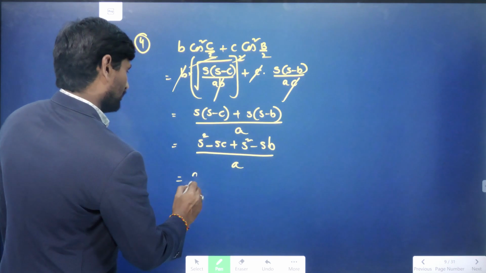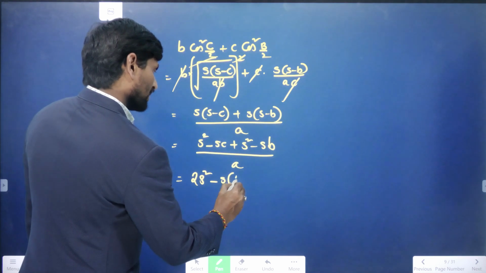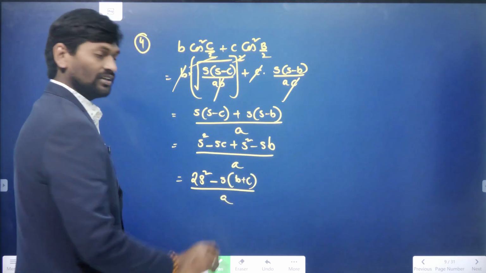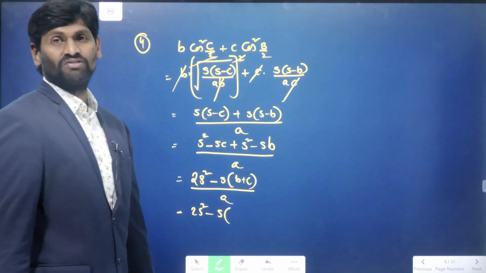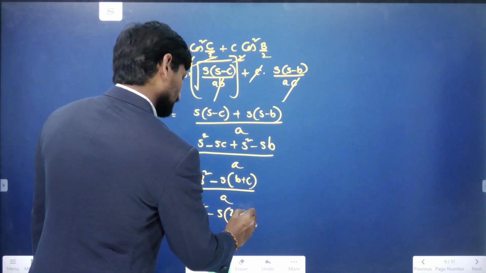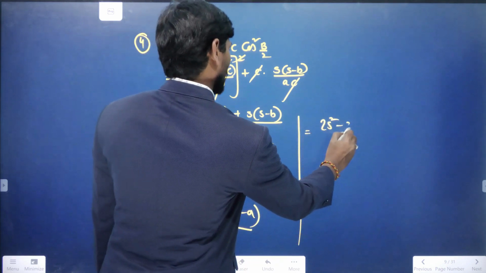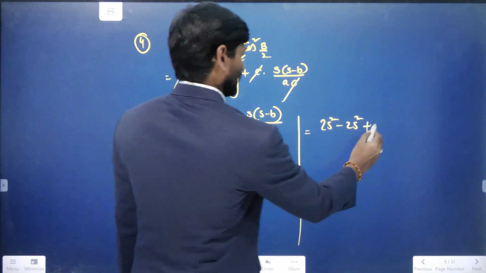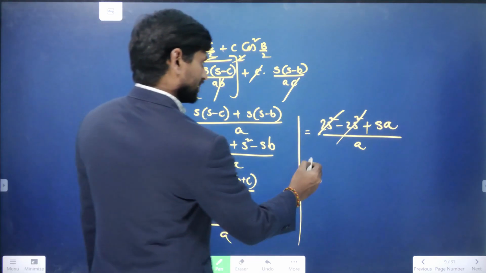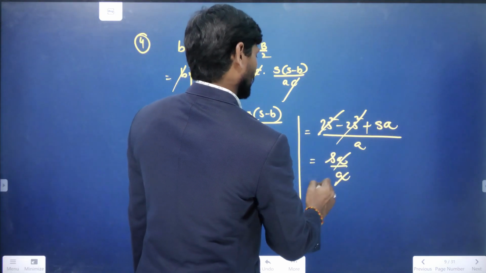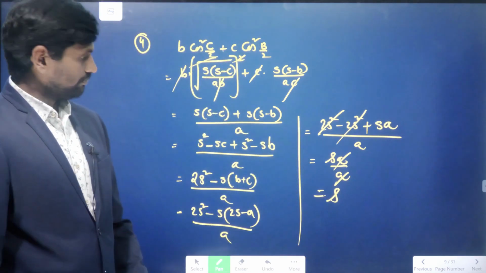It will be 2S square minus S times, if I take S common, B plus C. In the place of B plus C we can write 2S minus A: 2S minus A whole by A, that is equal to 2S square minus 2S square plus SA by A. So minus 2S square plus 2S square will be cancelled. What is remaining? S into A by A, cancel. The answer is S, the semi perimeter. We'll go to the next problem.